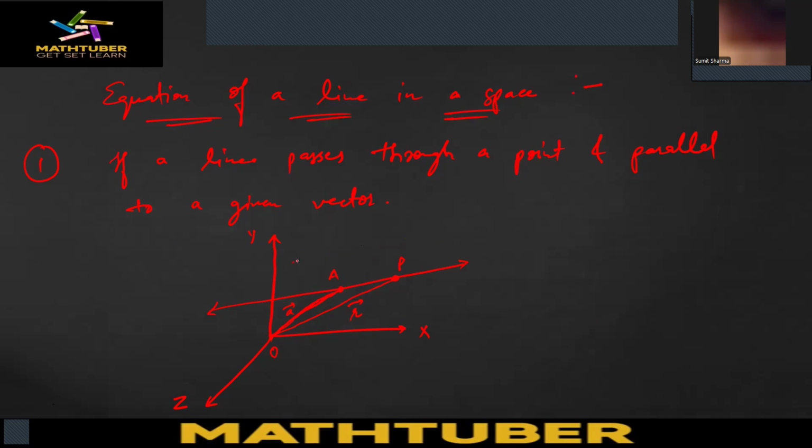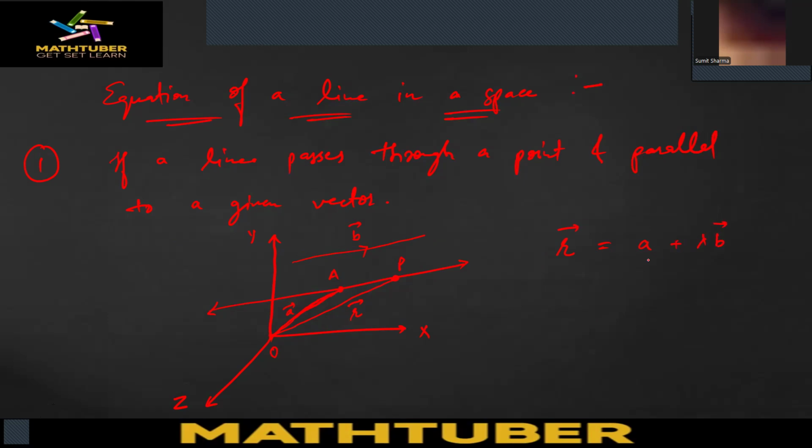So let us call this vector as b vector, right? So it is parallel to b vector and it is passing through a vector, a point. So the resulting equation will be r vector equal to a plus lambda b vector. Why is that?